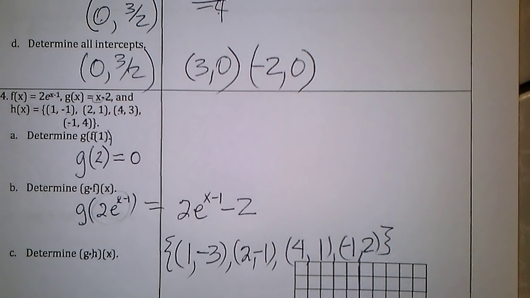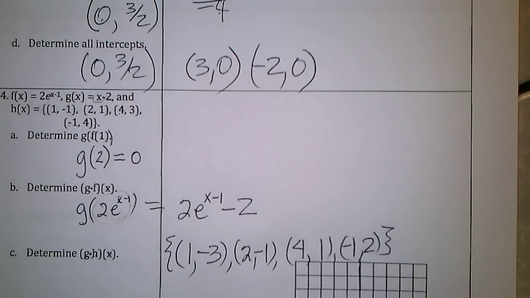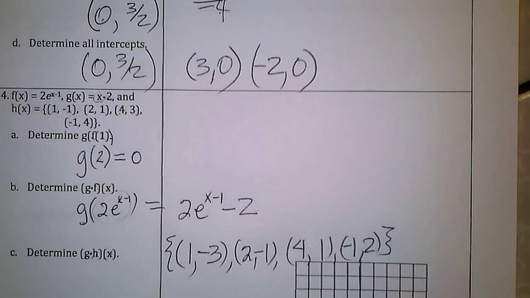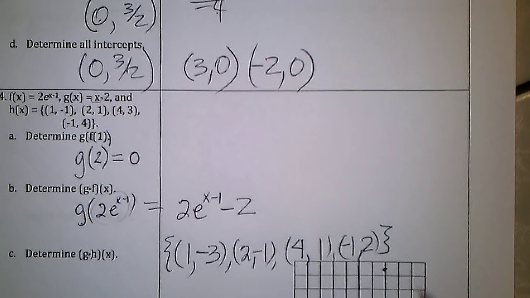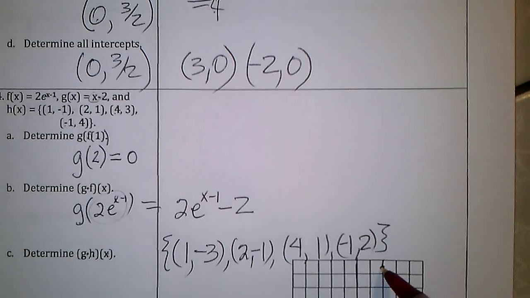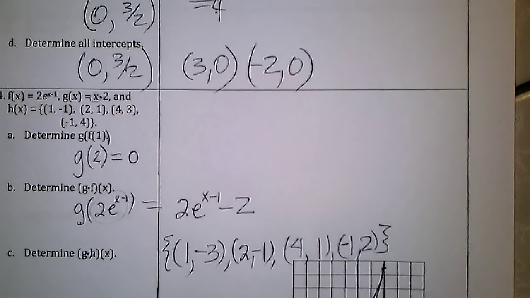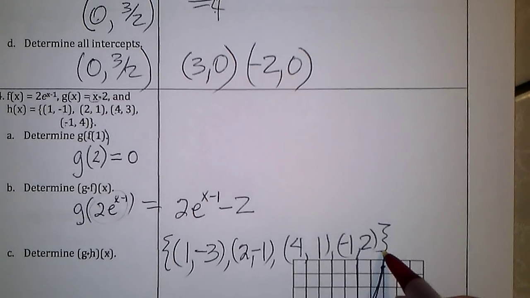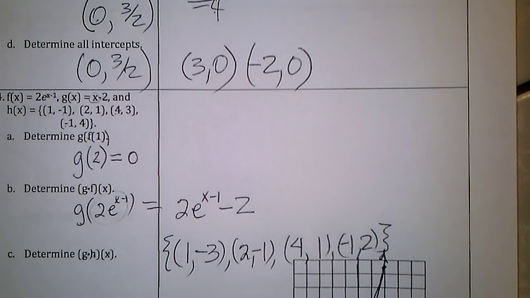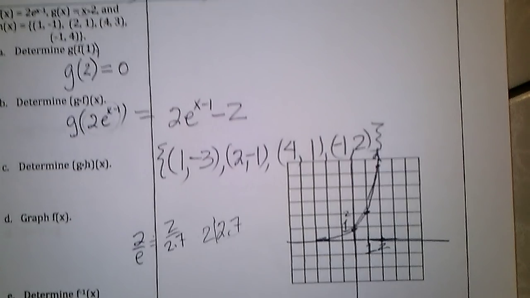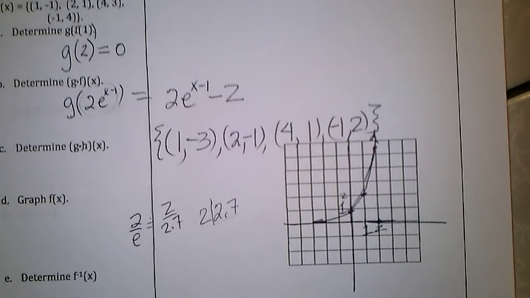E to the 1 is e, times 2 is 5.4. So it's doing this. And it's going to get smaller and smaller and approach 0. And you can just type it in your calculator and it will show you that too. I hope I wasn't off too much there.